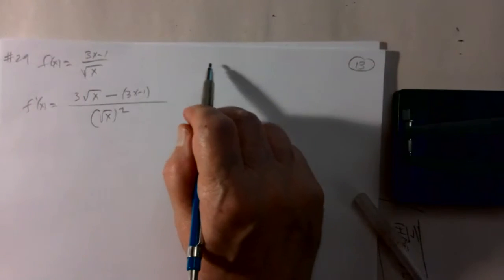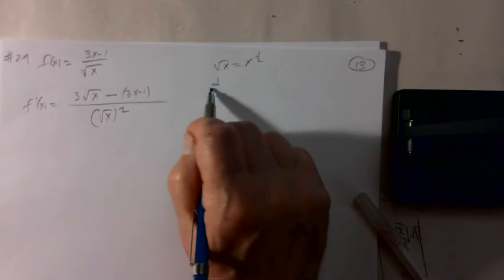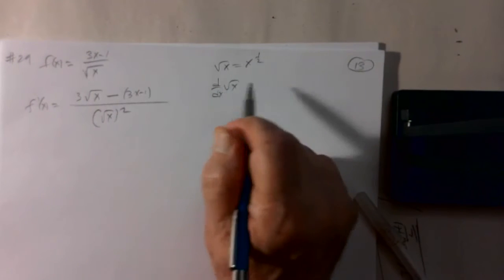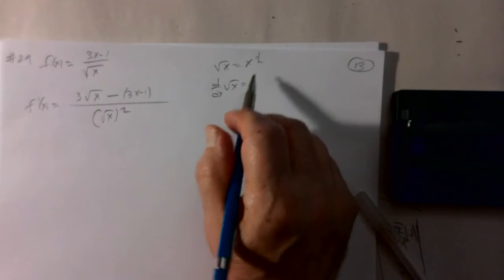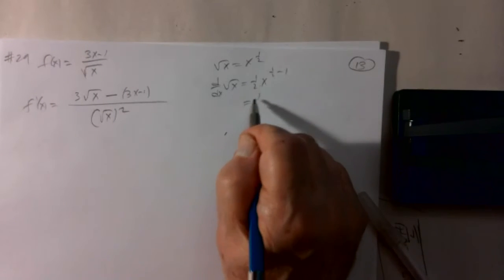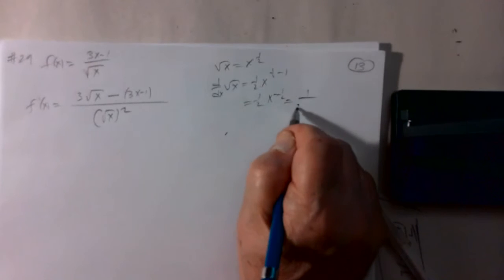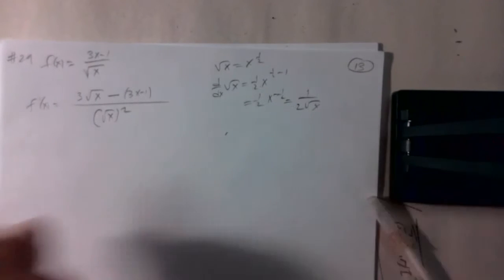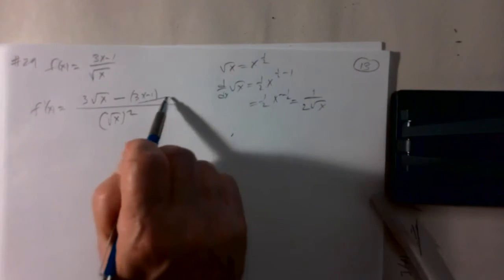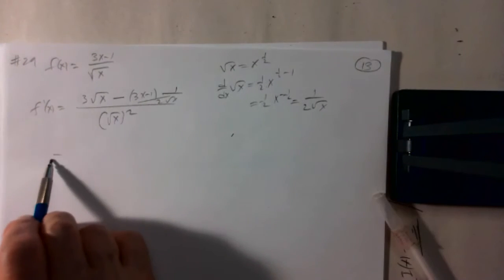Now the denominator is the square root of x, which is x to the 1/2. So the derivative of the square root of x by the power rule is 1/2 x to the 1/2 minus 1, which is 1/2 x to the minus 1/2, or 1 over 2 times the square root of x. So it's 3x minus 1 over 2 times the square root of x.